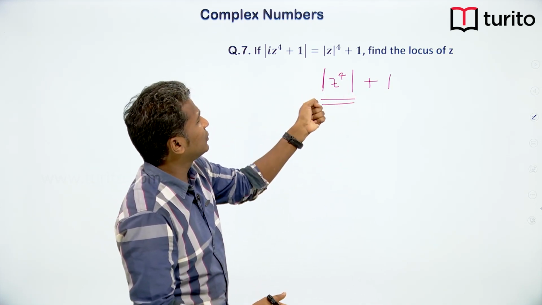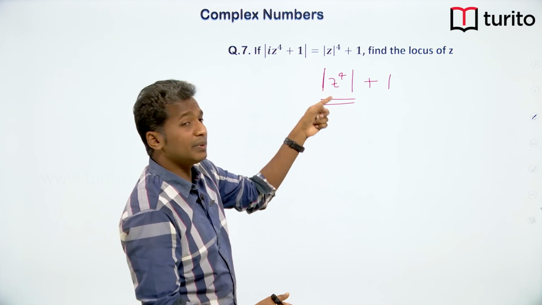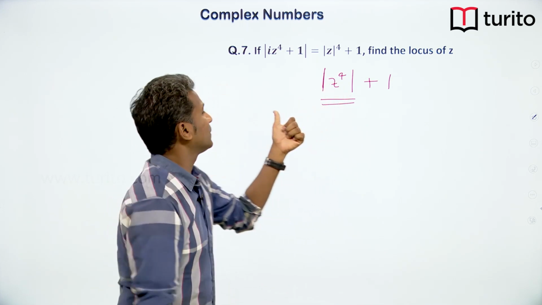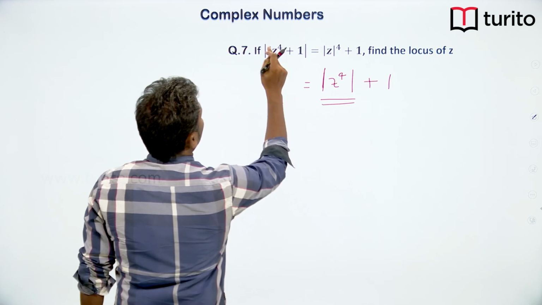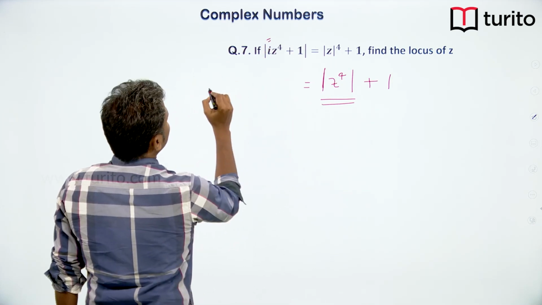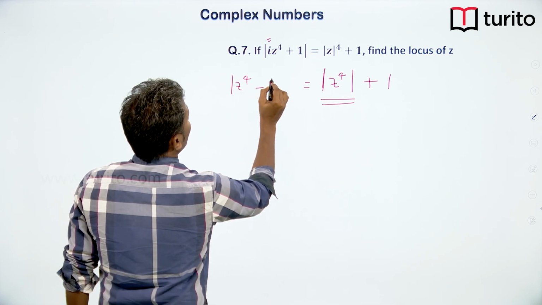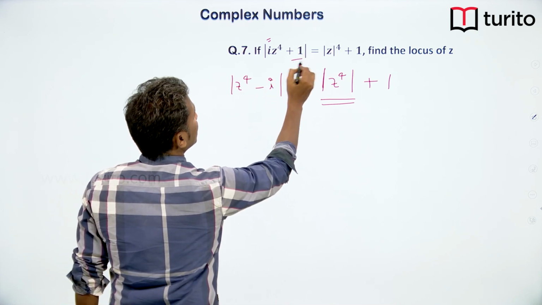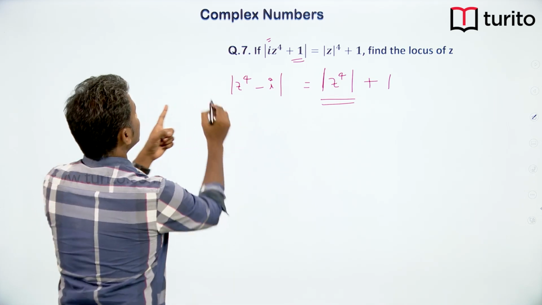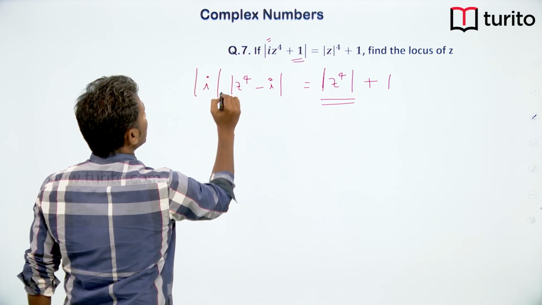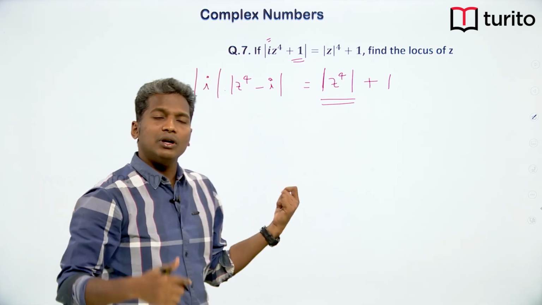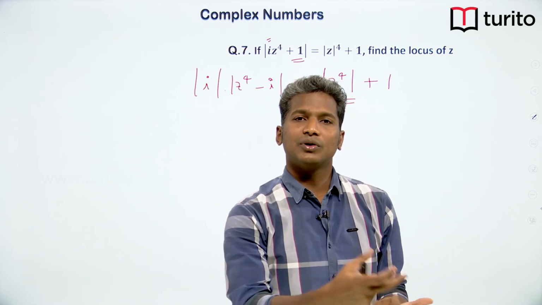So, what we will try to do is, we will try to get the z power 4 in the LHS also. Now, to get it, what I will do is, I will take this i common. So, if I take i common, I will get minus i in place of this 1, and there is i common. So, mod of i must come out. So, here what I have applied is mod of z1 into mod of z2.